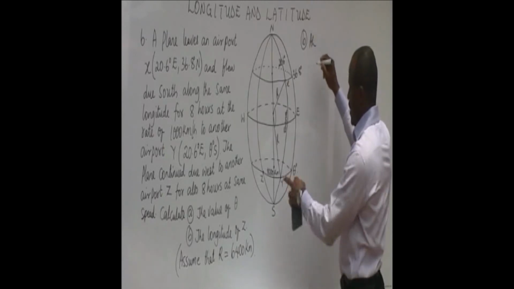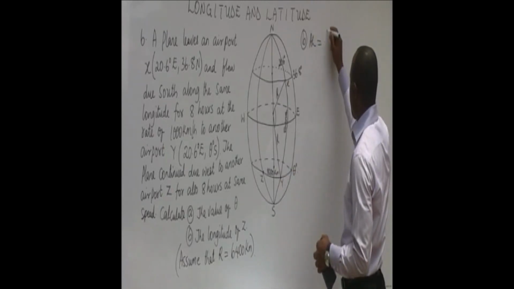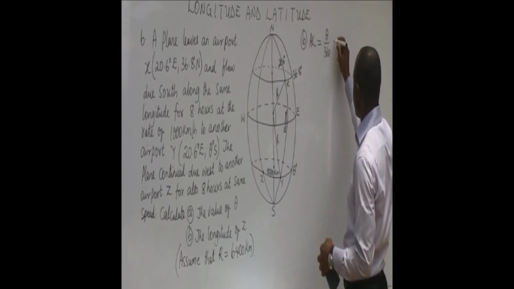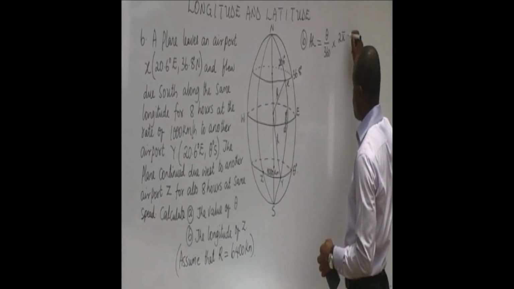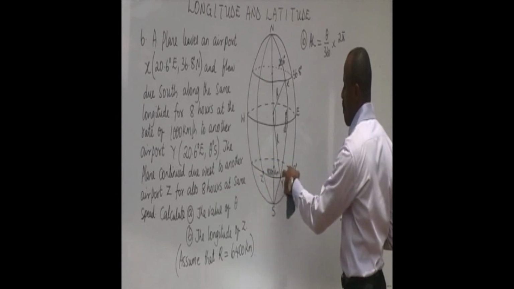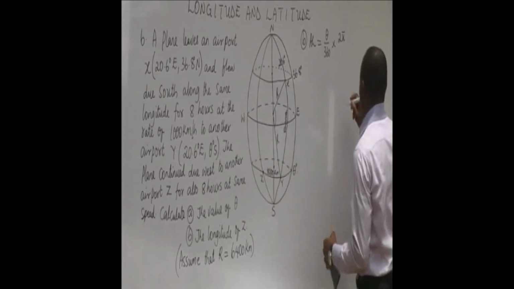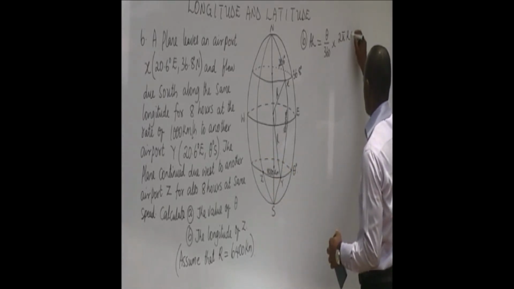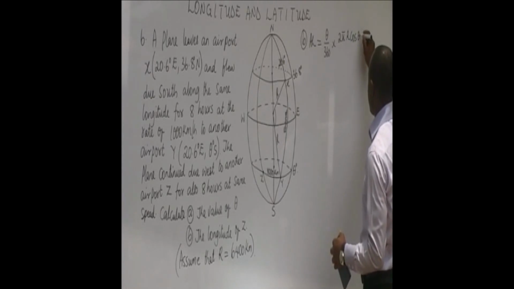Arc length there will be given by theta all over 360 times 2 pi small r. Remember, this distance now is on a parallel of latitude, so we have big R cosine theta.